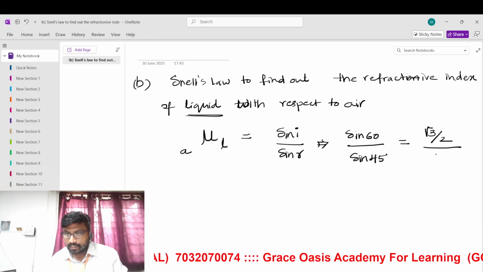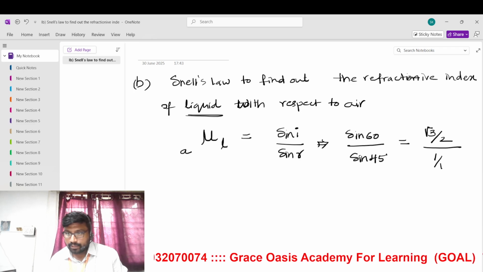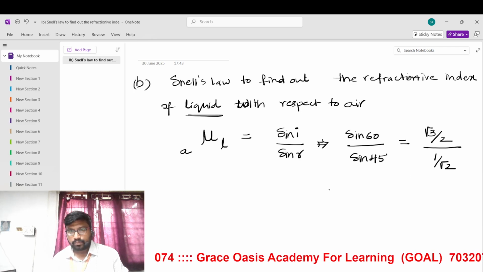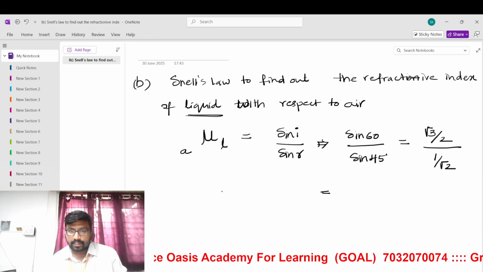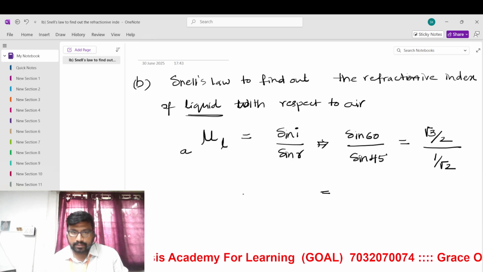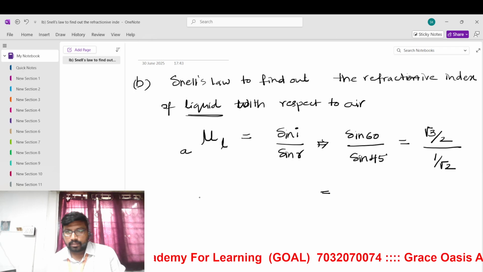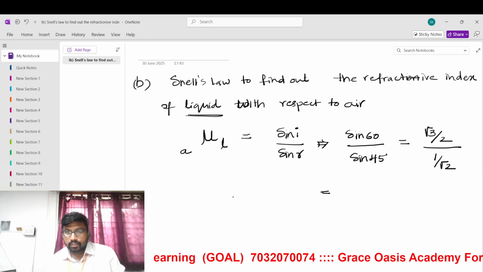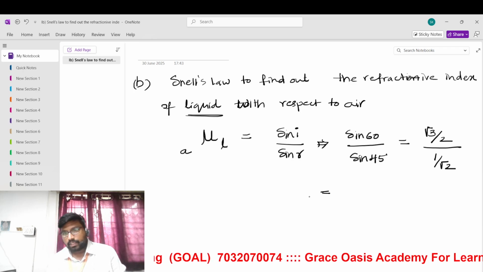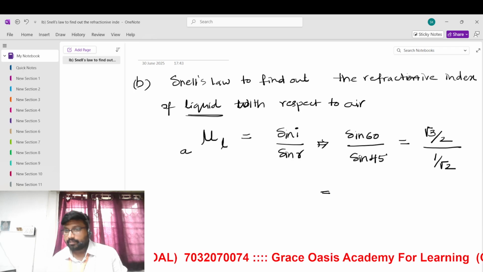What is sin 45? 1 by root 2. Sin 0, sin 30, sin 45, sin 60, sin 90: 0, 1 by 2, 1 by root 2, root 3 by 2, 1. Those are the sine trigonometric values.